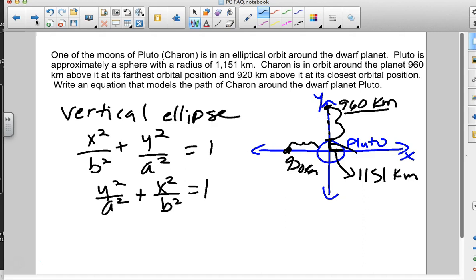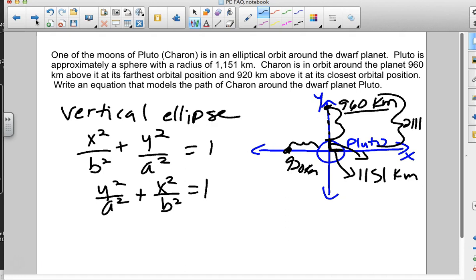So this is also 1,151 kilometers. So if I want to figure out a, and obviously this is not to scale, I need to take 1,151 and I need to add 960 to it. And that gives me from the center 2,111.